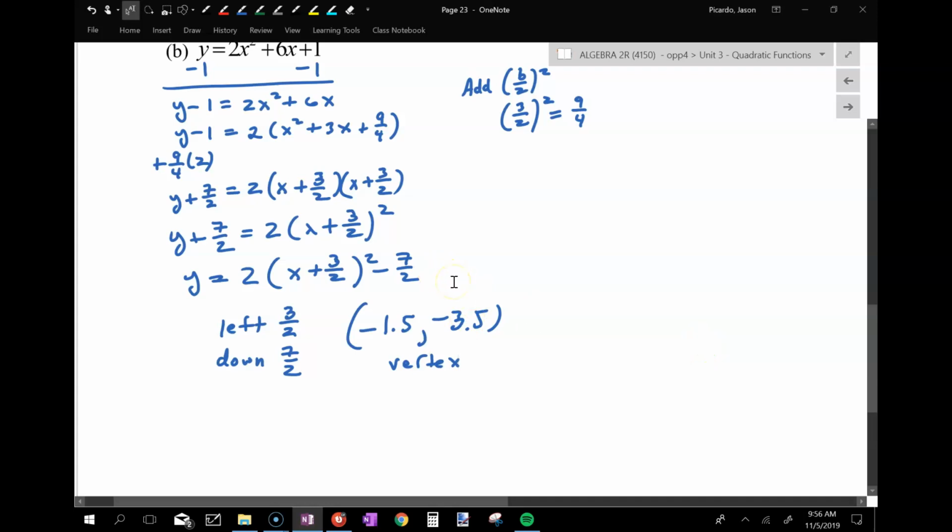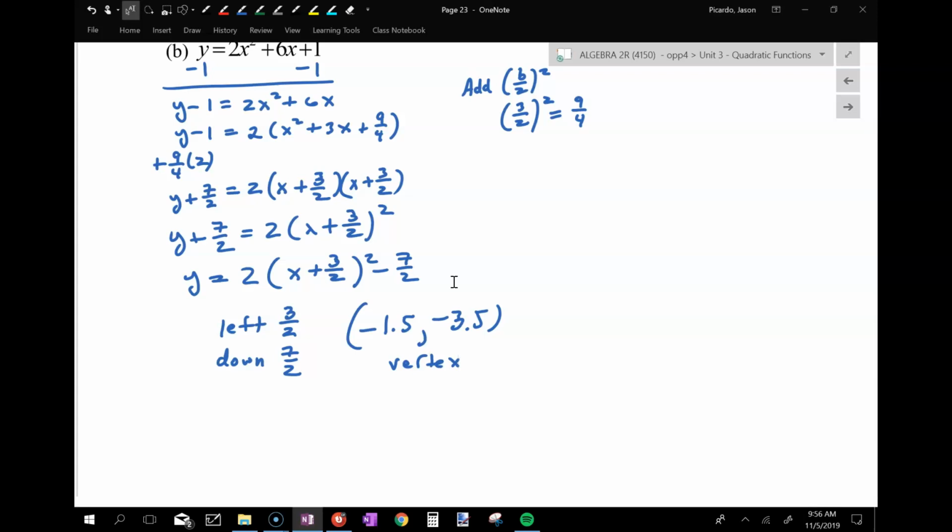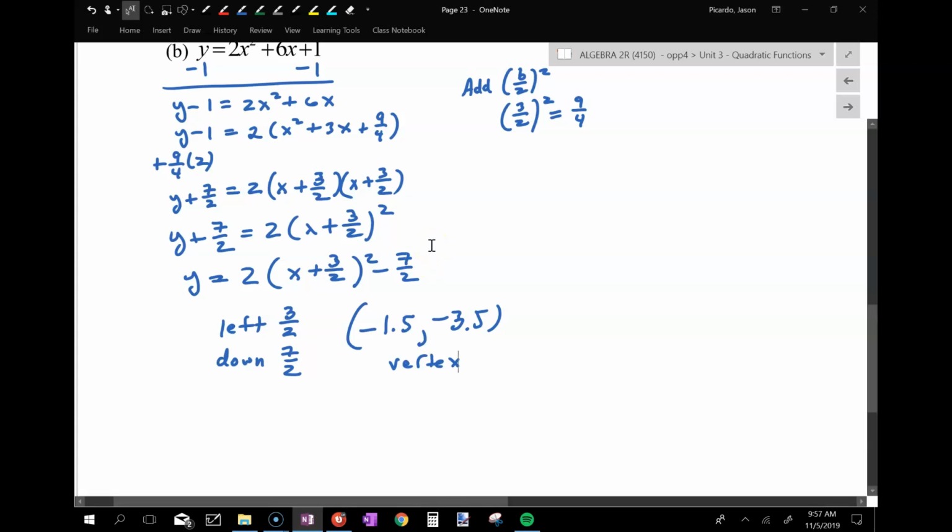Now again, what did I say? This skill is kind of pointless, because what can you do? You can use your calculator to accomplish the exact same task way easier, way simpler. But you need to be able to do it.